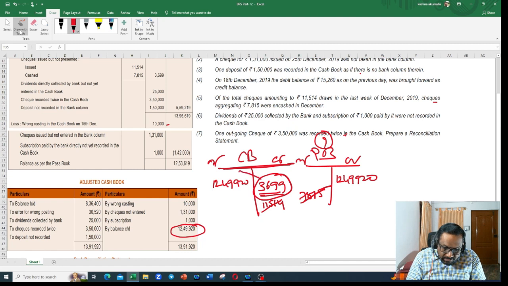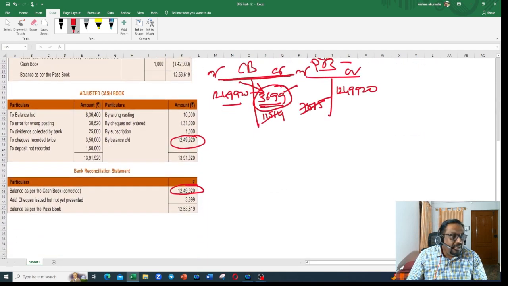So this balance got reduced. One debit is there, another credit has come, this has been reduced. But your question mark balance is increased. Since the question mark balance is increased, you need to add this amount. Here, add checks issued but not presented, 3,619. I have added here. Are you getting my point?